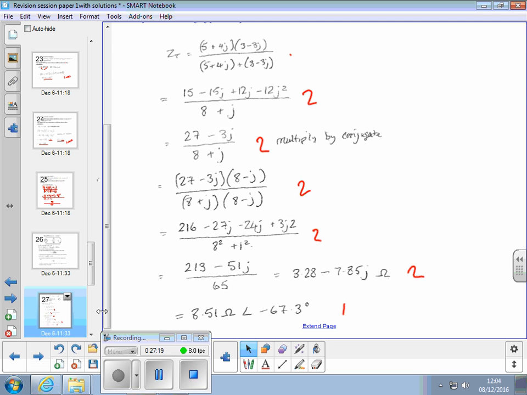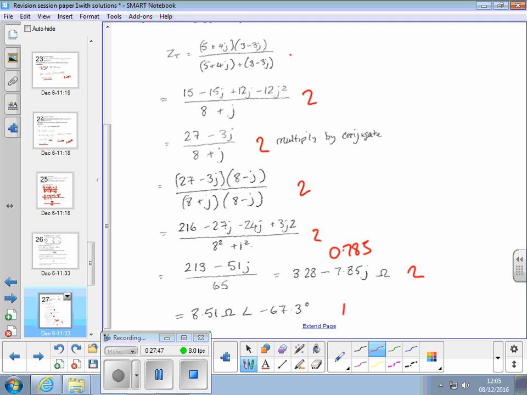Minus 7.85. 51 over... That's 0.8. That's 51 over 65. No, certainly isn't that. You're right. It's 0 right there. 0.785.